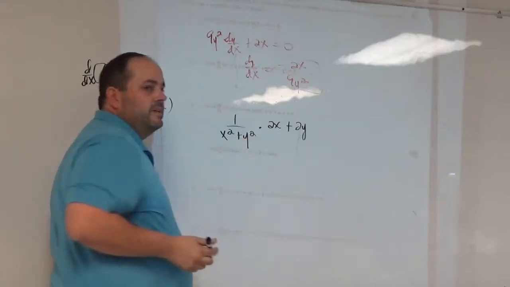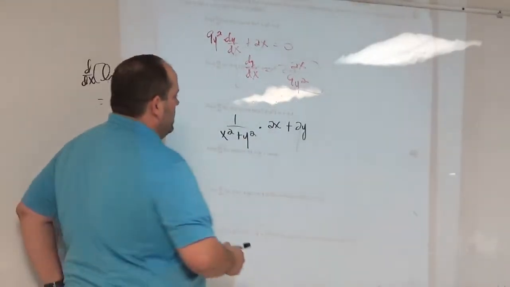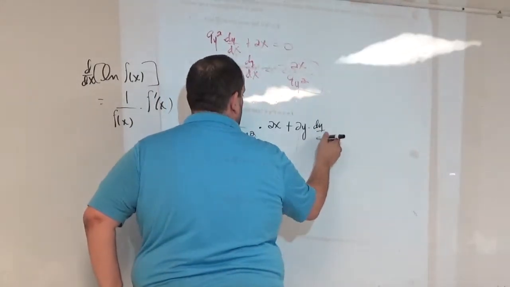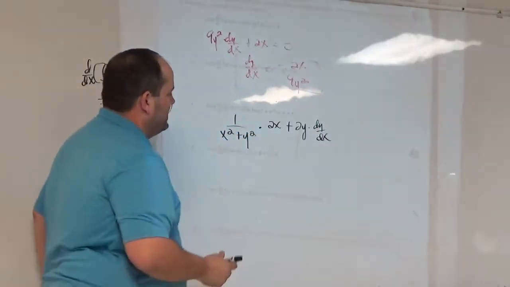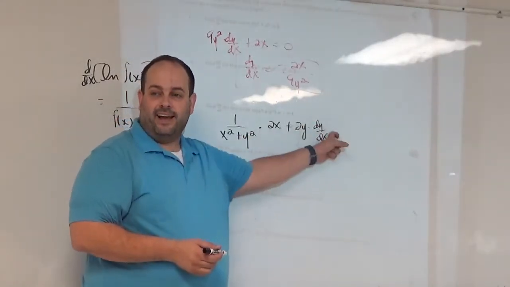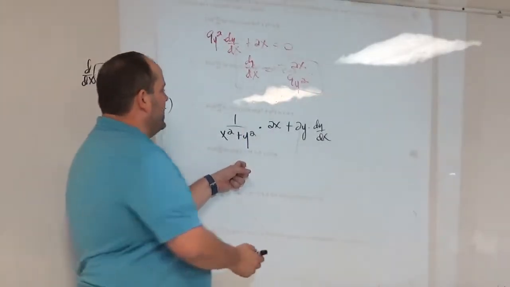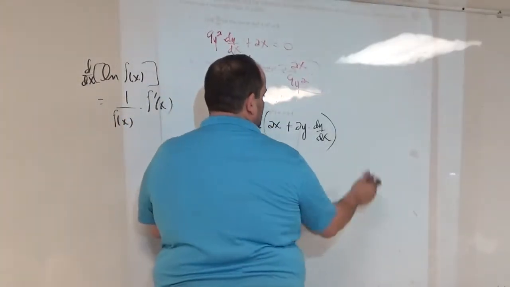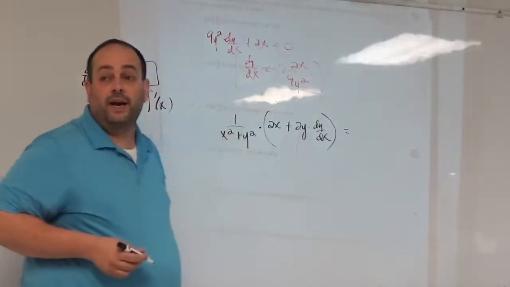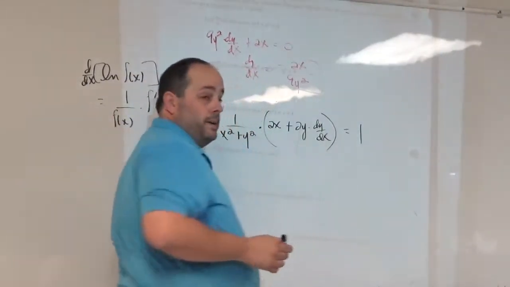We just took the derivative of something with a y in it, times dy dx. And we've talked about this a lot. Delia, can you turn around and focus on me? That would be nice. 1 over x squared plus y squared times the derivative of the stuff equals derivative on the right. The derivative on the right is 1.